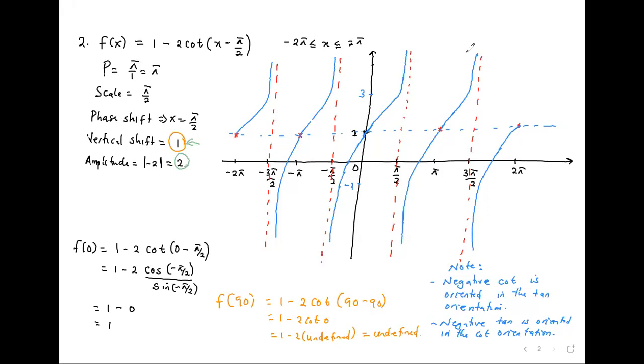The amplitude is the stretch number. How far do you stretch up? How far do you stretch down? From the vertical shift, how far do you stretch on top? Now we're saying it is 2. How far down? It is 2. So to 1 we add 2, we get 3. From 1 we subtract 2, we get -1.